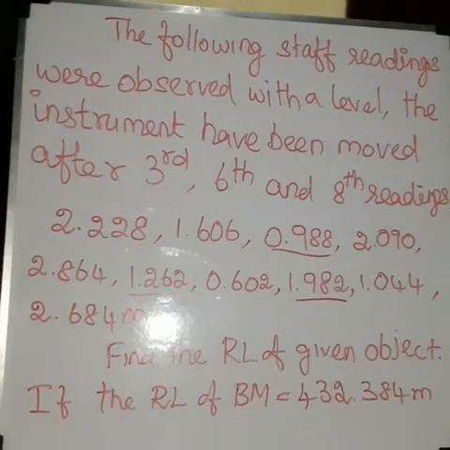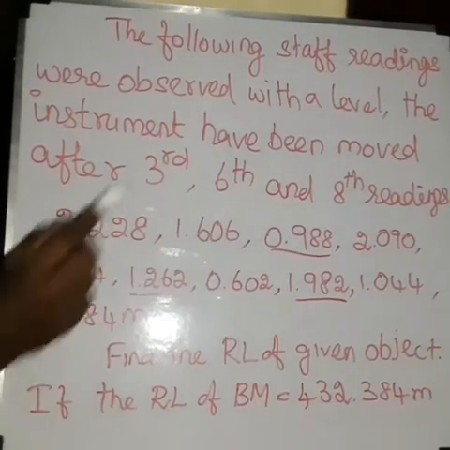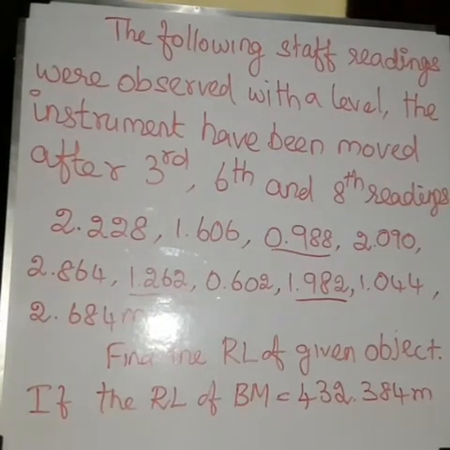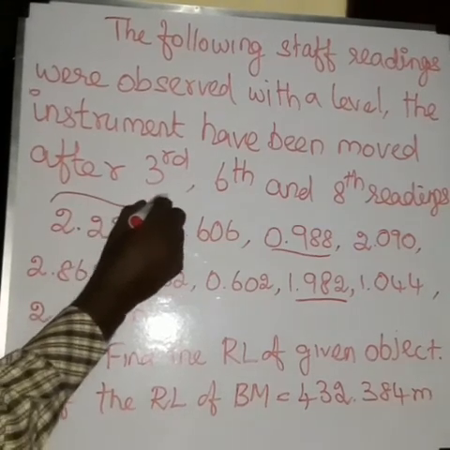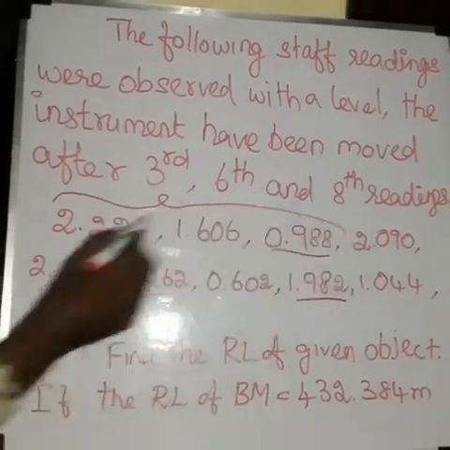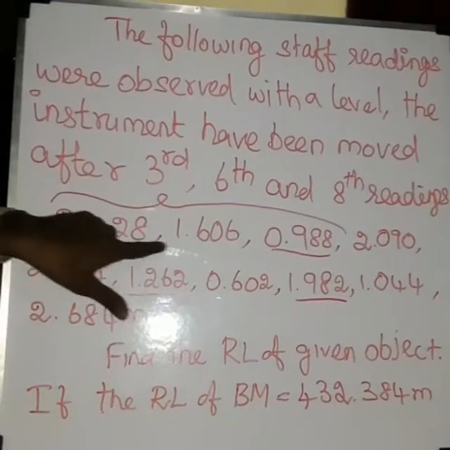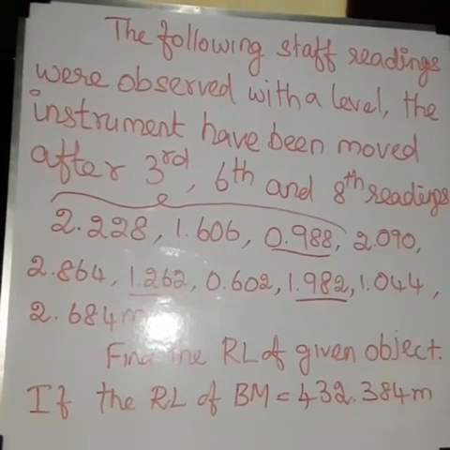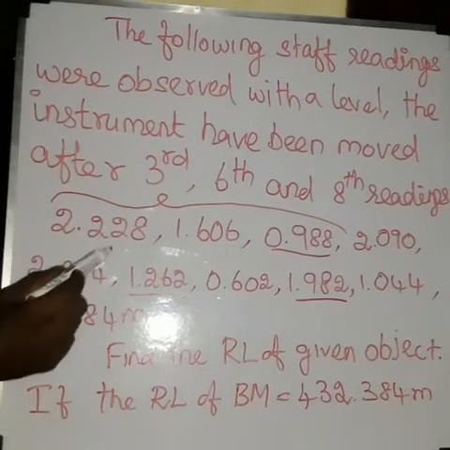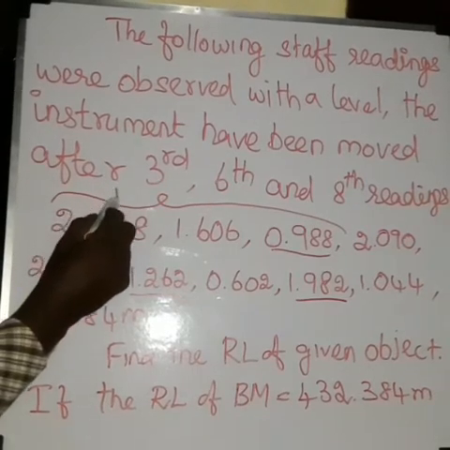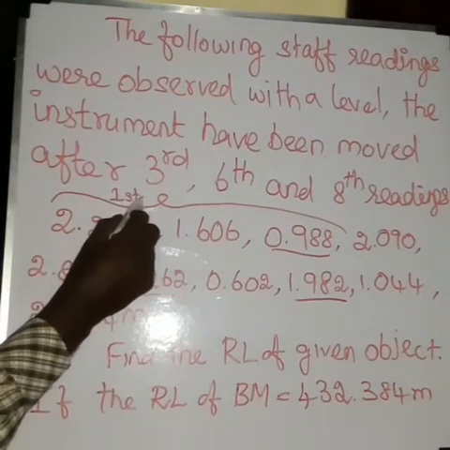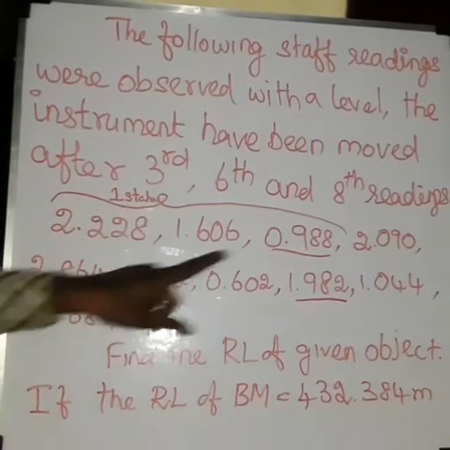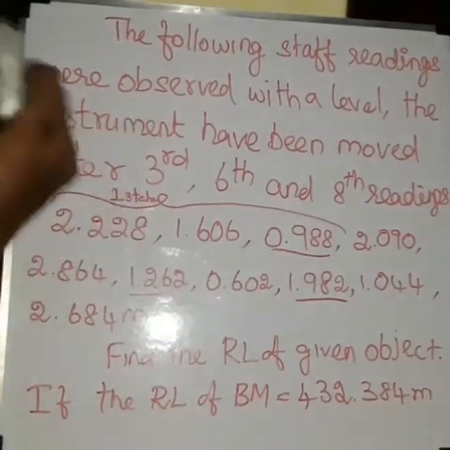Here the instrument has been moved after the third observation. So the first three observations, 2.228, 1.060, 0.988, are made at the first station. After the third one, the instrument has been moved.